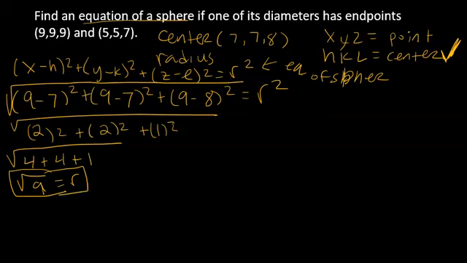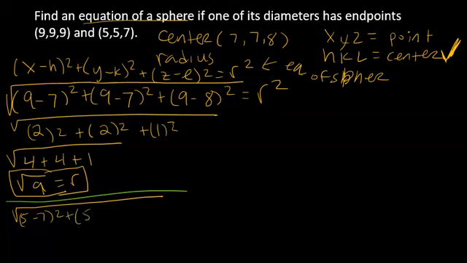Okay, well, what if I did something different? What if I instead did square root, and instead of doing 9, I did 5, 5, what was the third one? 7. Right?